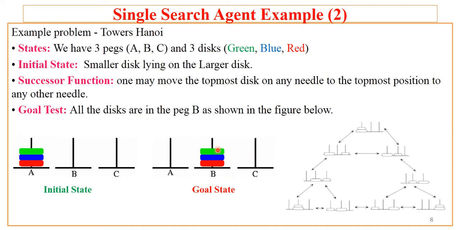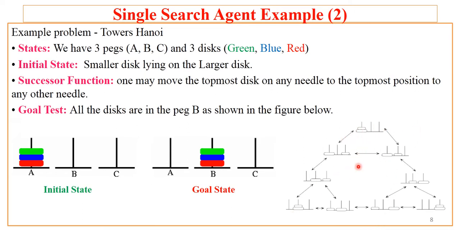If you see the diagram where I am focusing right now, the goal state is the same as the initial state, except the three disks are lying at peg B. All the three disks are in peg B. And to do this, we can have various different states.